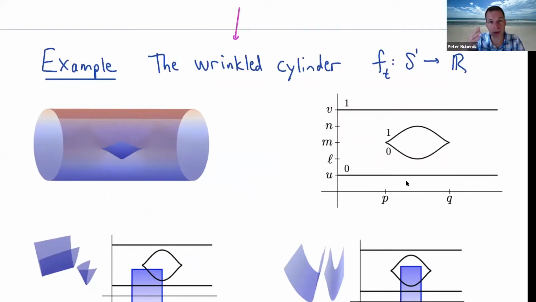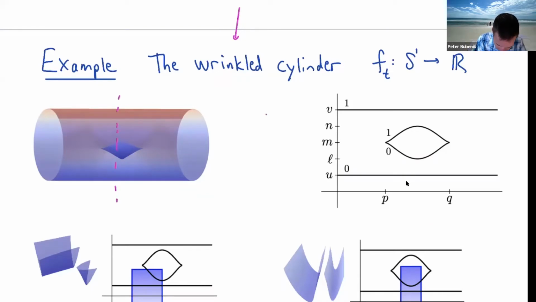And then in the middle, we have a height function whose graph looks like a circle with this extra little wrinkle in it. So we have 4 critical points instead of 2. Those are the interesting slices.